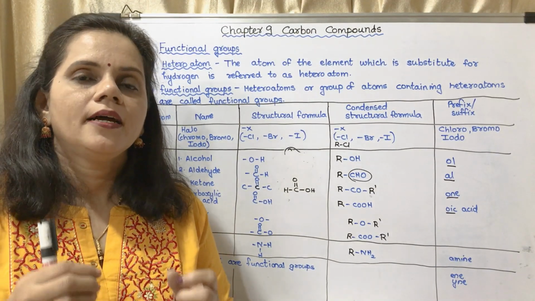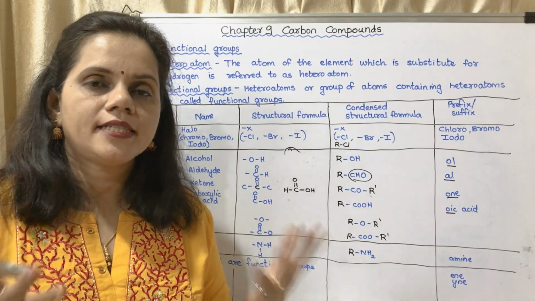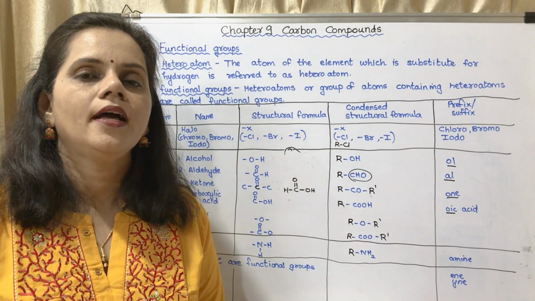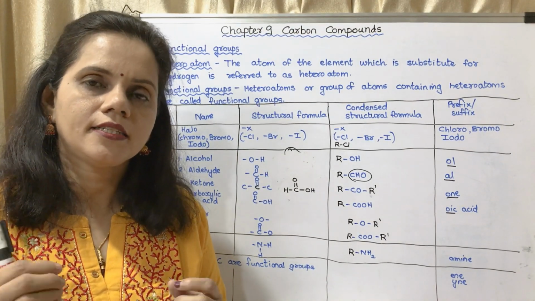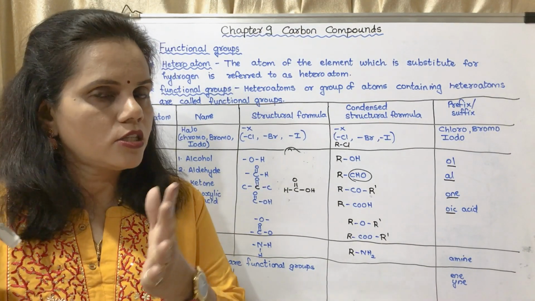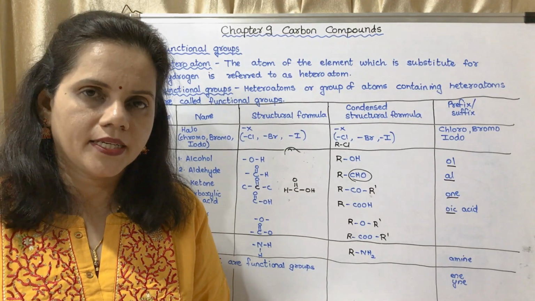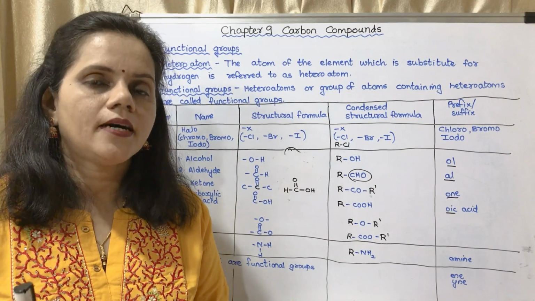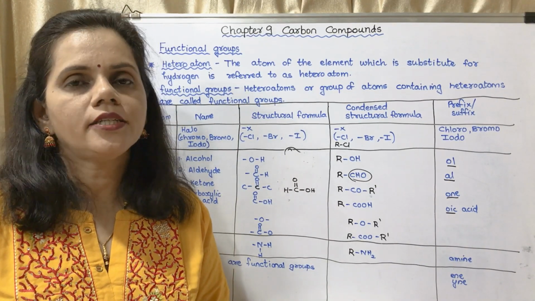That means due to its double bond it is having a characteristic property, and if it is having a CC triple bond, those compounds are also separate, they are having different properties. So the functional group provides a particular property to that compound.